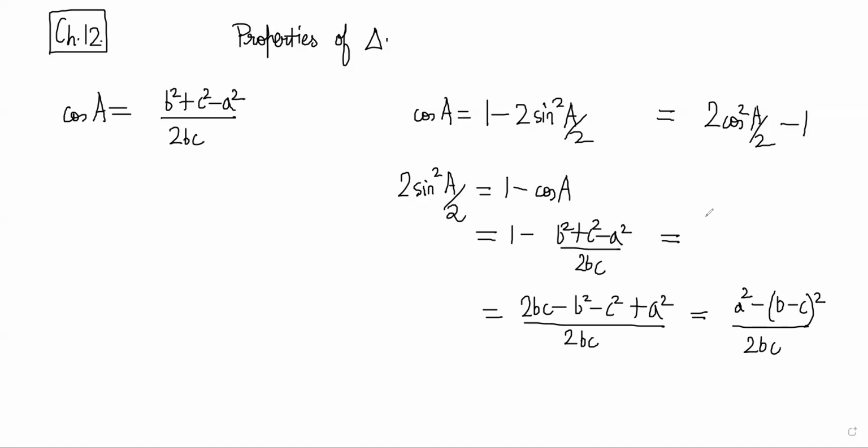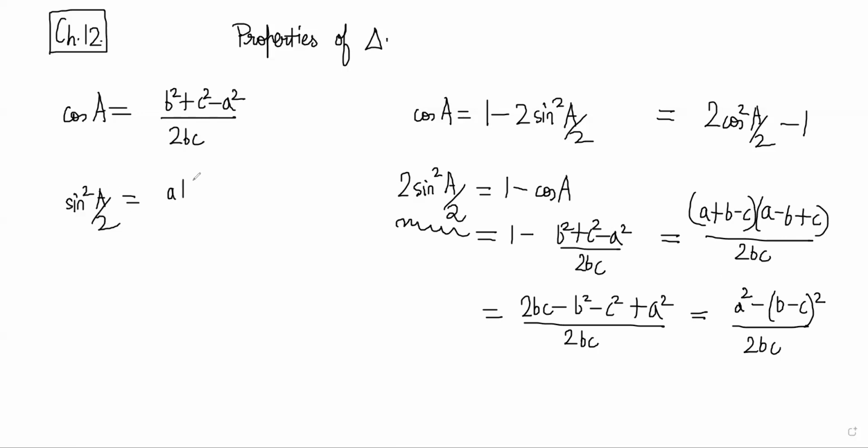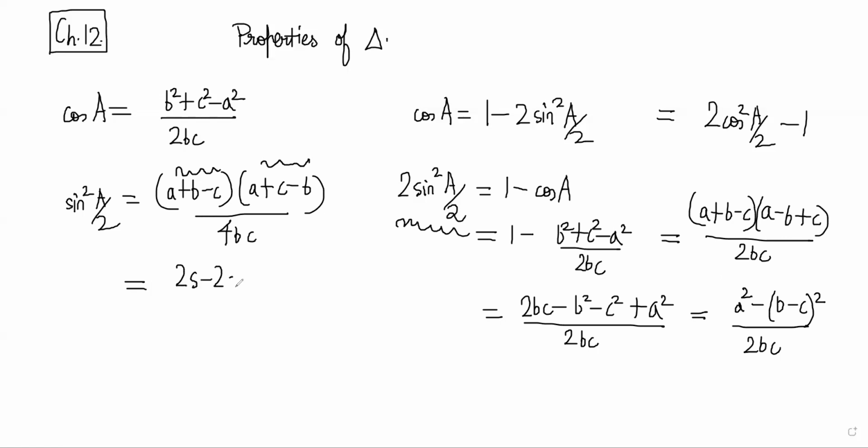Yes, sir. So that is going to be (a plus b minus c) and (a minus b plus c) by 2bc. And that is 2 sine square A by 2. So sine square A by 2 will come out as (a plus b minus c)(a plus c minus b) by 4bc. And this top part can be written as 2s minus 2c and 2s minus 2b, right?